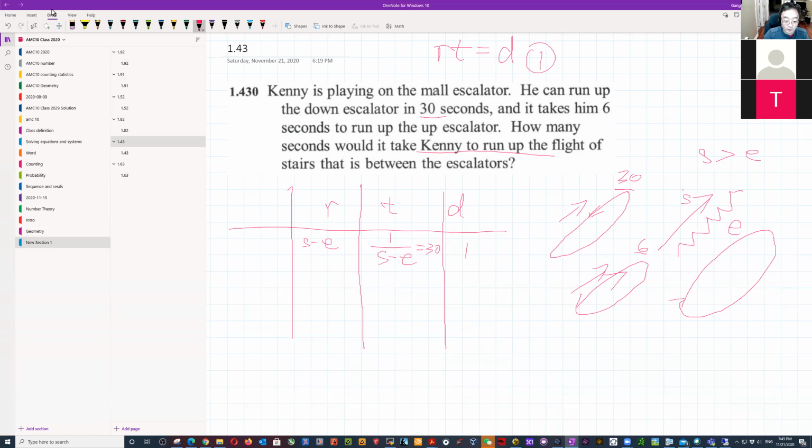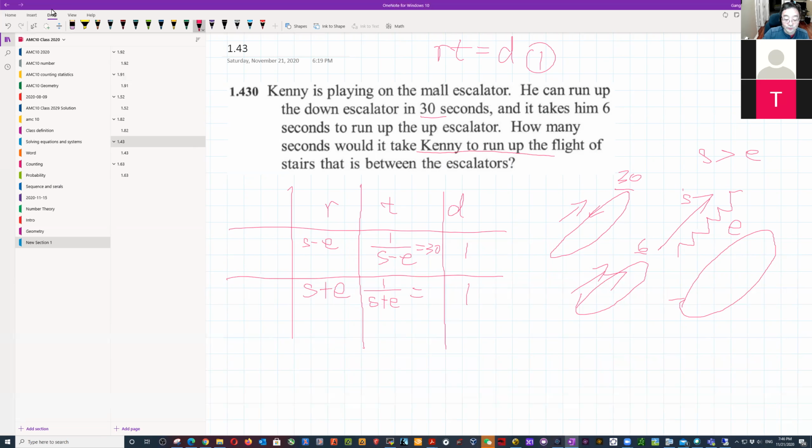That's what we got from here. And then here again, we assume the speed, so we add the speeds: stair speed plus escalator speed, S plus E. We still face the work volume of one stair, so the time is going to be 1 over S plus E.